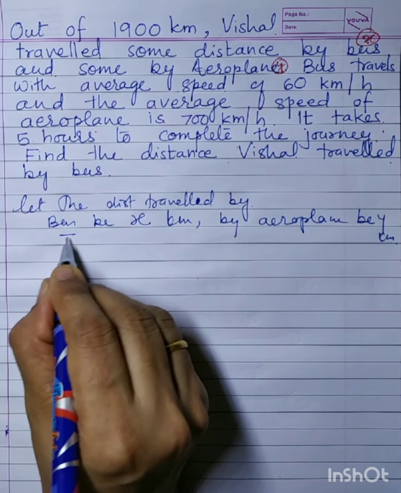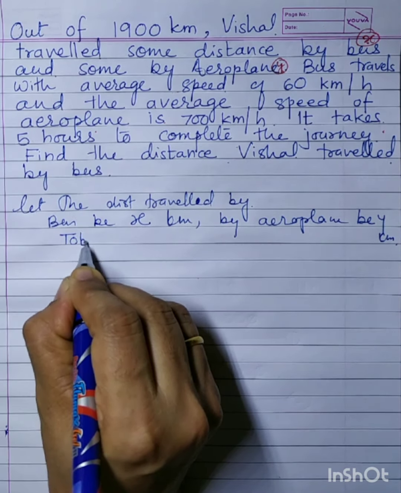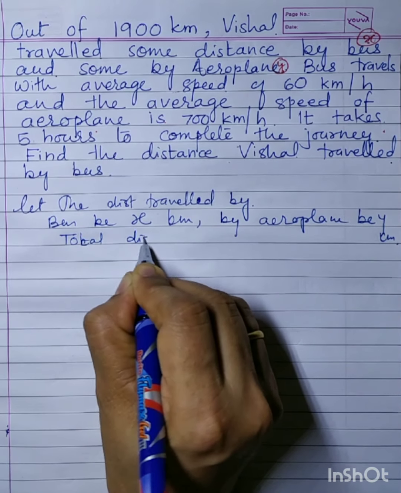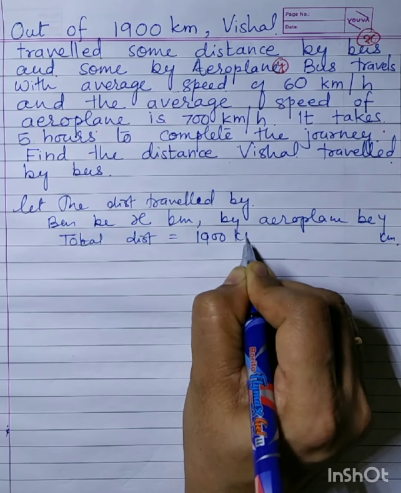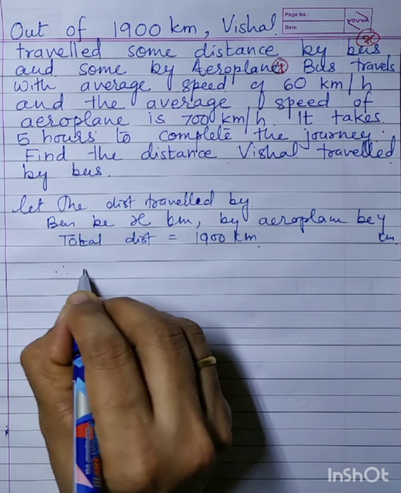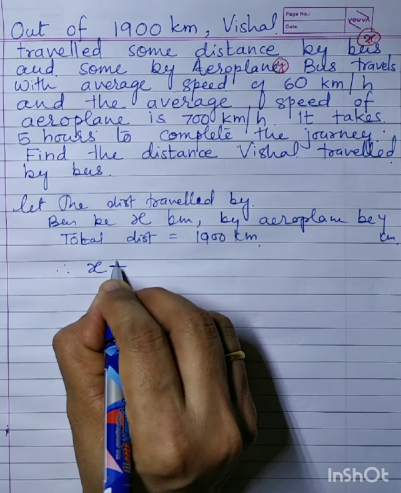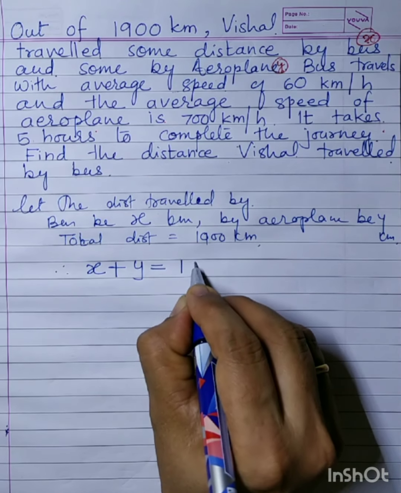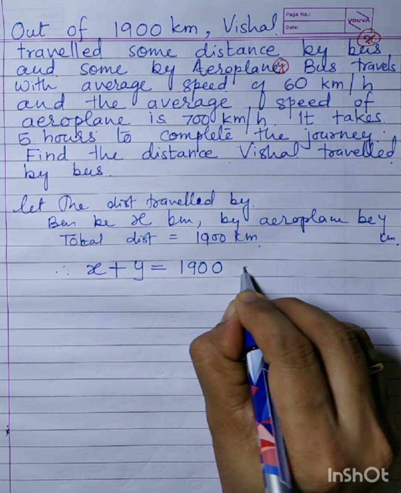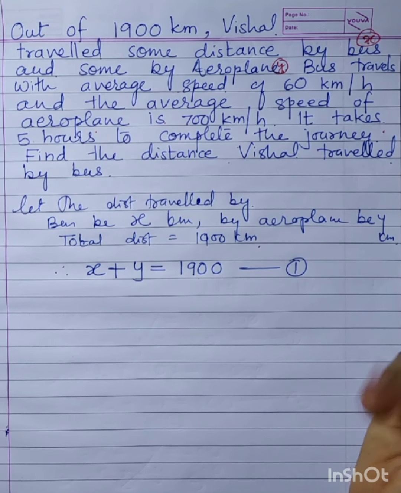What is the hint here for framing the equation? Total distance is 1900 kilometer. So simple, distance traveled by bus plus distance traveled by aeroplane is equal to 1900, equation number 1.